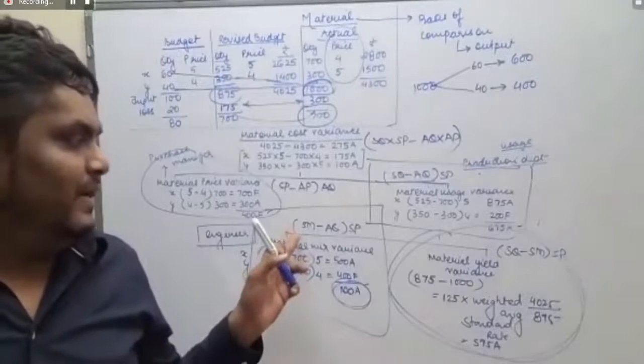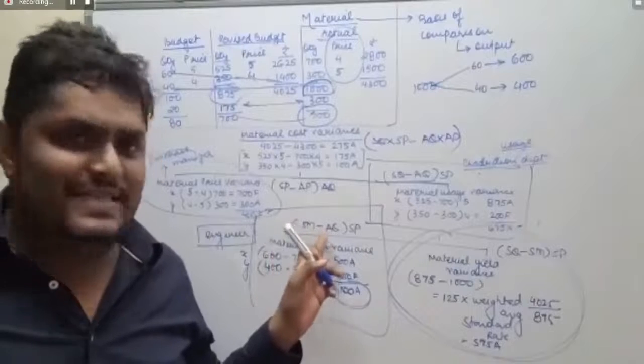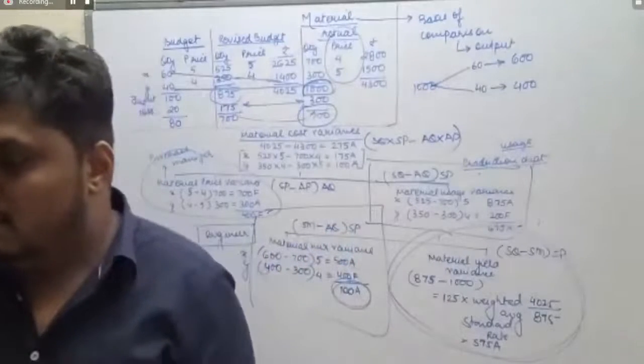This is the formula for material mix variance, that is standard mix minus actual quantity into standard price.